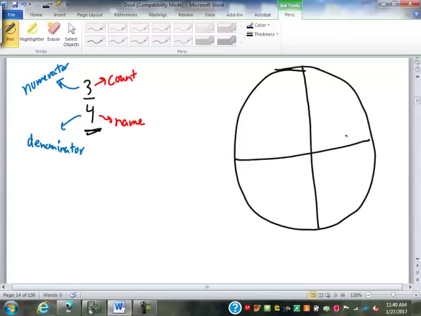What the 4 means is that the whole object is cut into 4 equal pieces, or you can think of it as it takes 4 of those pieces to make one whole object. Either way works logically. So now we have 3 of them. That means that out of those 4 pieces it takes to make a whole object, we do have 3 of them.